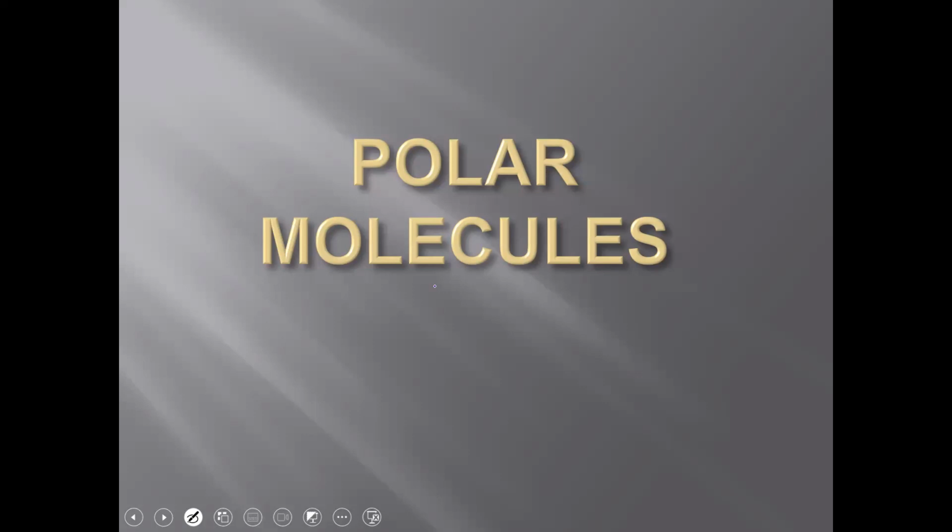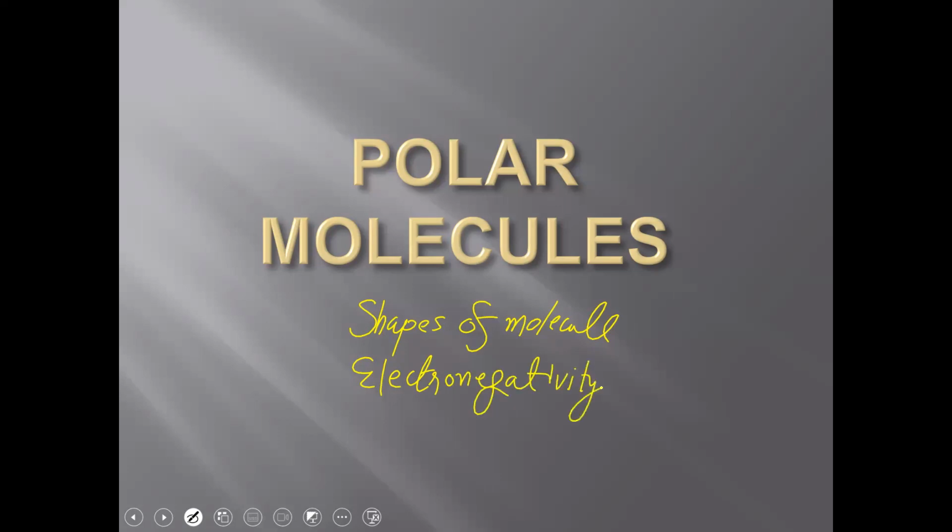Yeah, given. Okay, remember that when you want to find the polarity of a molecule, you need 2 concepts in your memory. One is the shapes of molecule, and the second concept is electronegativity.